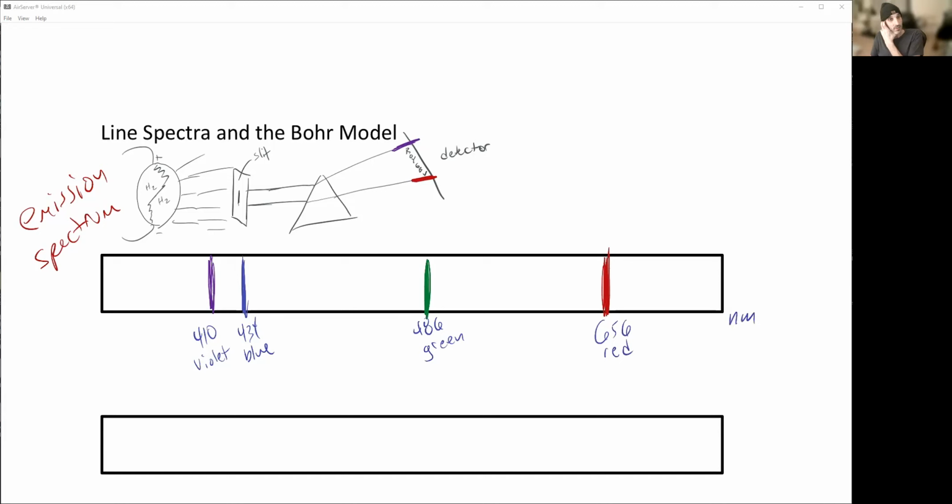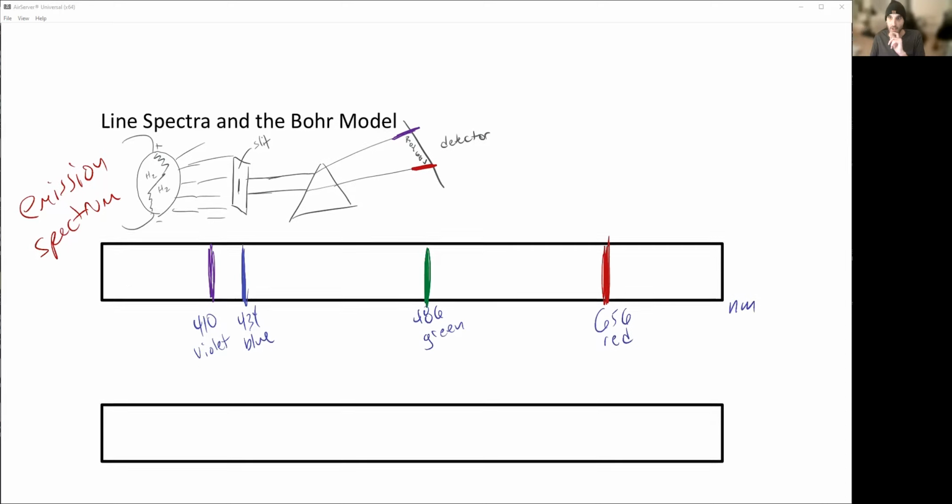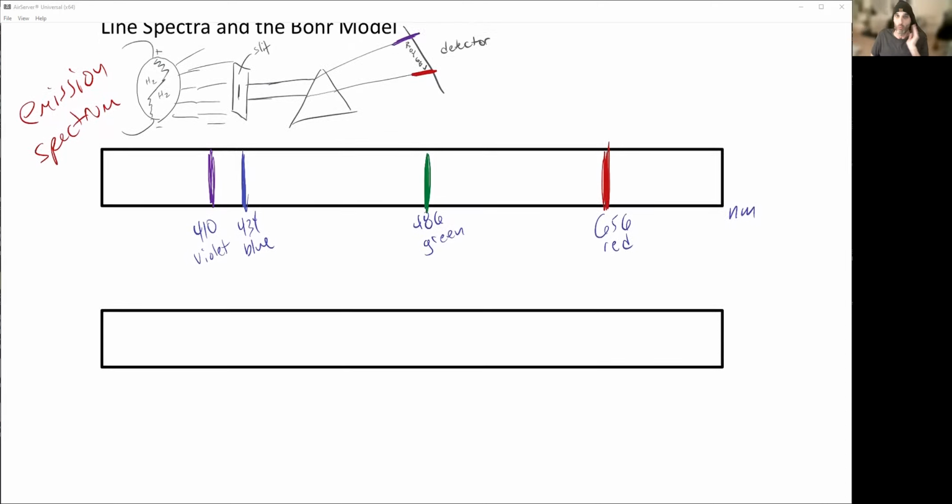They're all in nanometers. So we see some very specific colors, but more importantly, we see these little lines. That's all we see. We don't see a continuous spectrum. We just see those lines. So that's an emission spectrum from hydrogen. That means that hydrogen is limited to those 4 wavelengths in the visible spectrum. It can be elsewhere as well, but in the visible spectrum, it's limited to those.